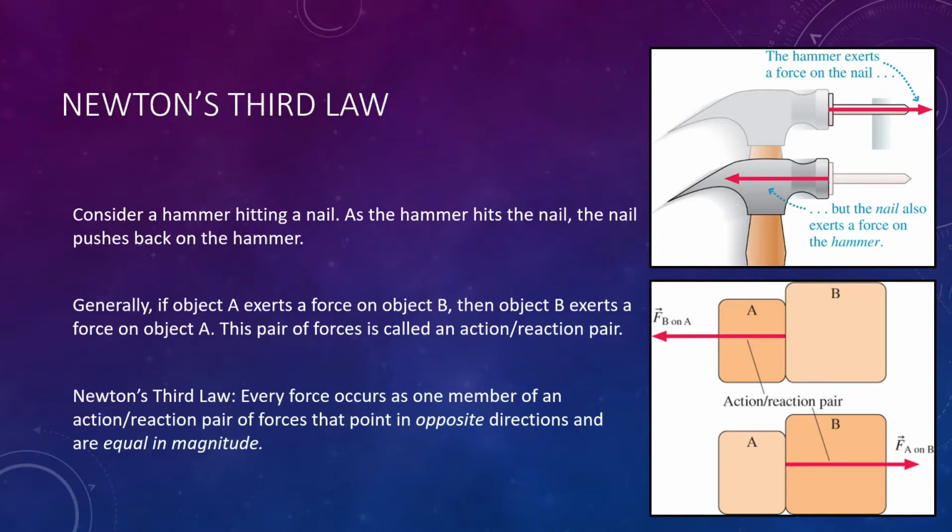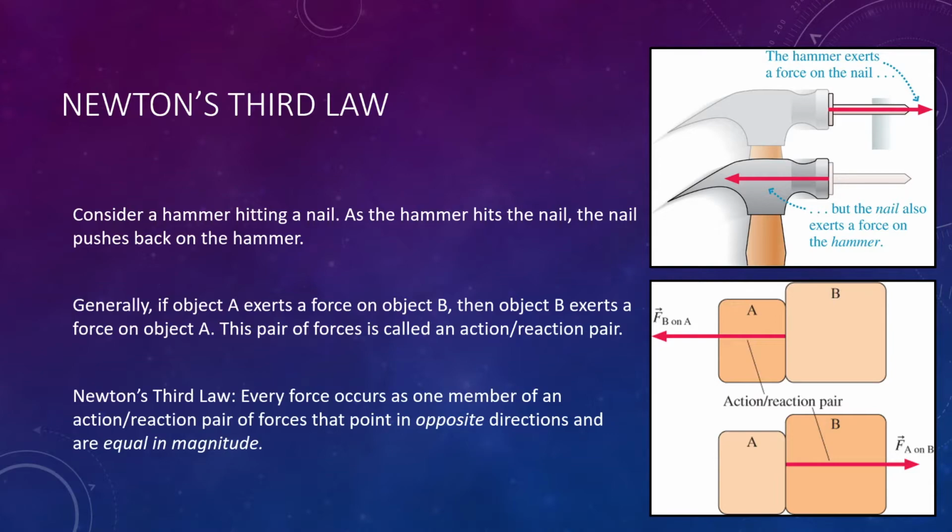Now I will note, I don't necessarily at a personal level like that term, action-reaction, mostly just because by definition, reaction means you see or experience something and then respond. These forces occur simultaneously, so it's not really that one happens and then the other one decides, hey, I need to apply a force too. They happen at the exact same time.